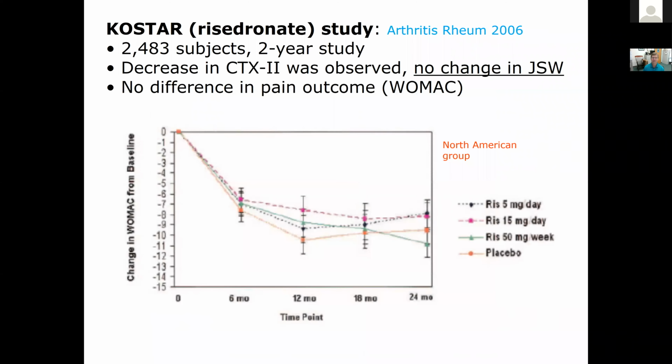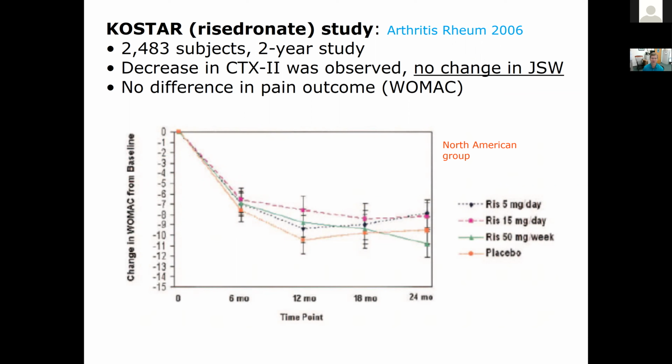So one of the failed DMOAD trials that I mentioned as an example here is the COSTAR study, which tested a bisphosphonate called risedronate to slow bone resorption. Over 2,000 subjects were studied in a 2-year trial. One of the outcome measures was a biomarker, CTX-II.